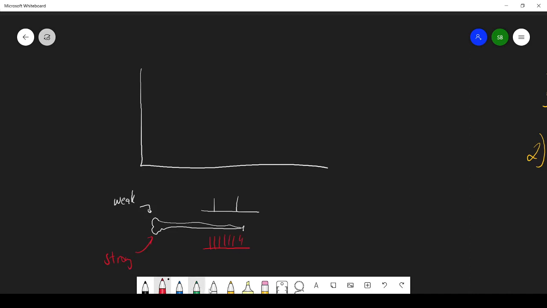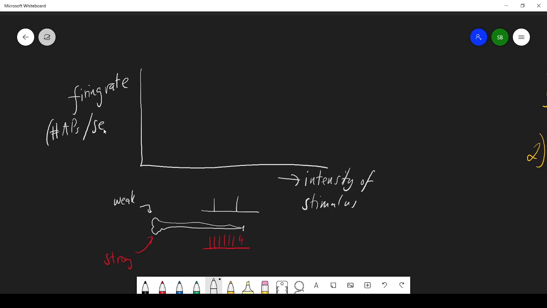So generally, what you find is if the intensity of the stimulus increases, the firing rate, so this isn't the speed of the action potentials, this is the number of action potentials per second.